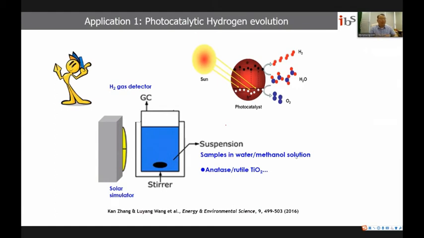Anyhow, we are trying to do water splitting, hydrogen evolution, from a semiconducting material with sunlight, right? So simply we mix our black and blue TiO2 in water under a solar simulator, and then we observe with gas chromatography how much hydrogen gas is evolved.